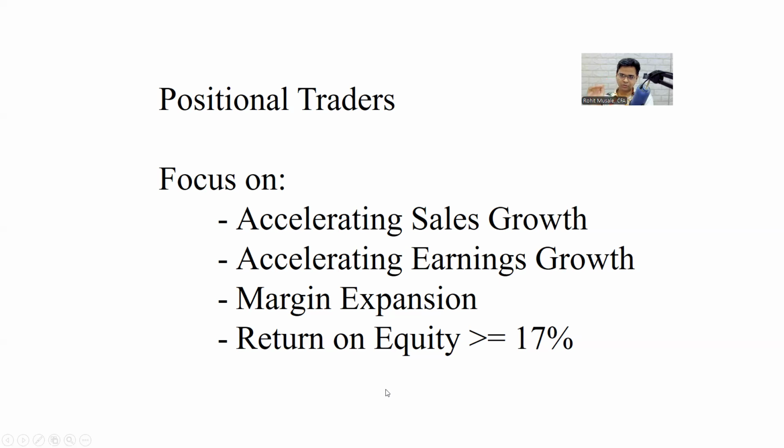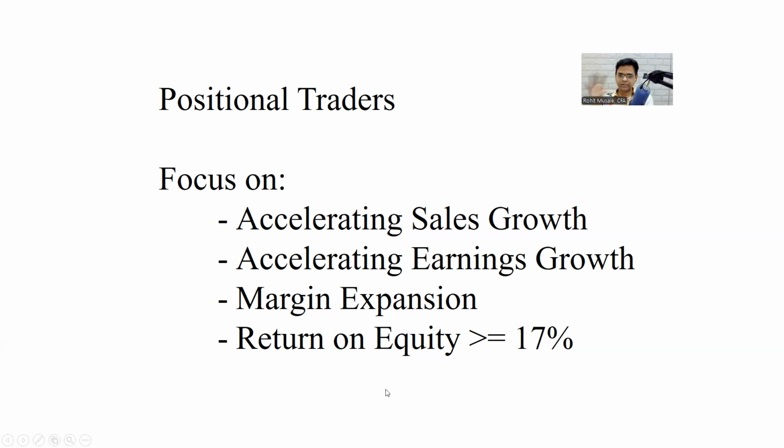So the sales growth should be there at least for the past 3 quarters. And when you look at annual, at least for the past 3 years. If not the percentages, at least the numbers should grow. And I will show you an example. So the strict criteria is about the quarterly.